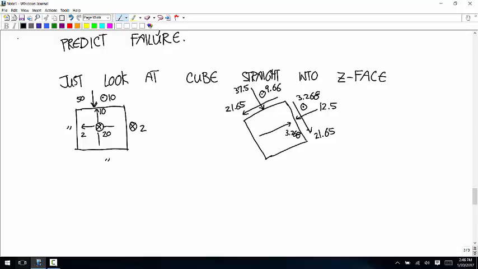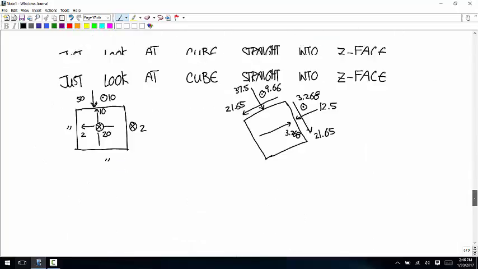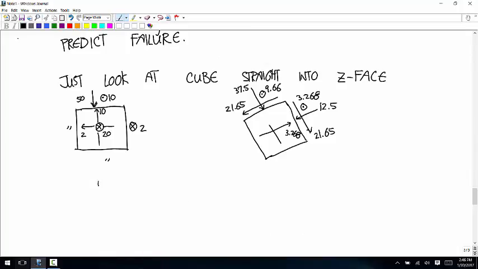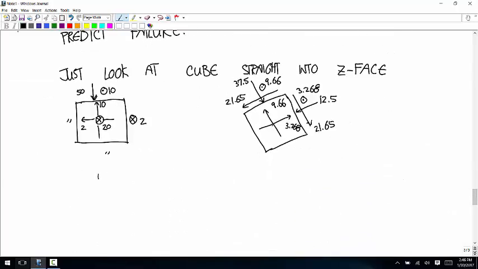Let me finish getting these down and then I'll give a vector equivalent. 3.268, 9.66, and negative 20. And then, you know, stuff going on here and here.